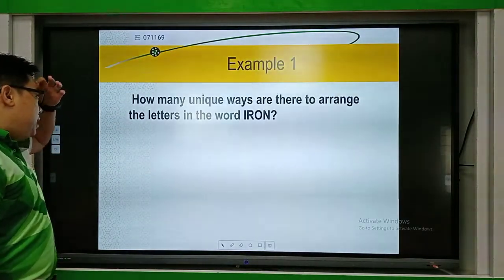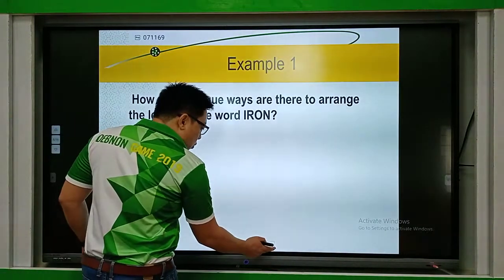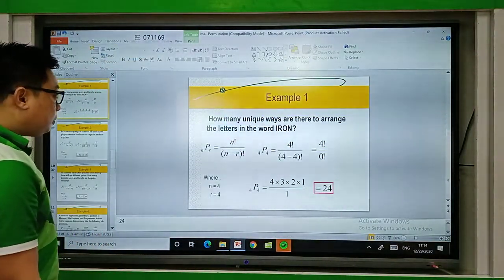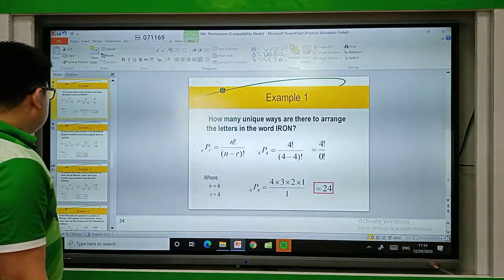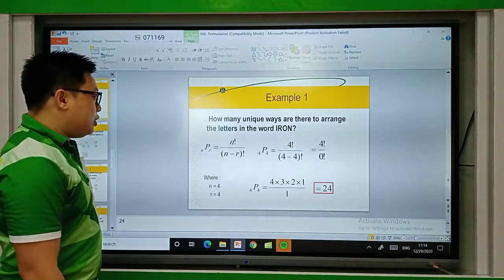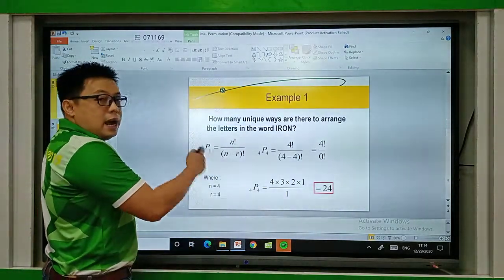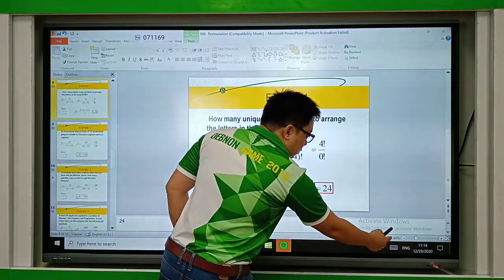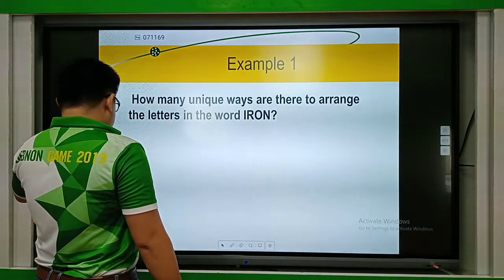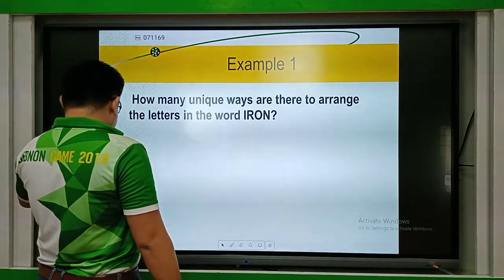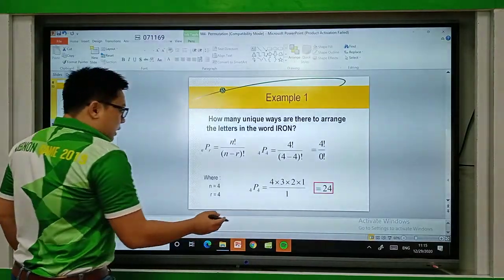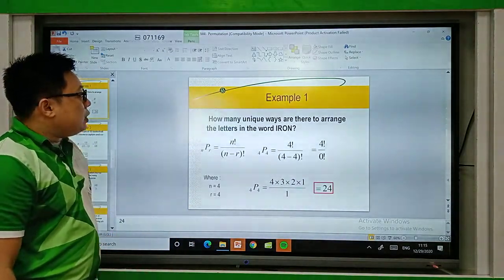Okay, so next. Example number 1: how many unique ways are there to arrange the letters in the word iron? Let me bring it back. I'm not sure why the letters or the numbers are not appearing.